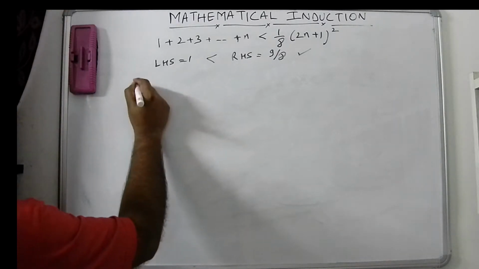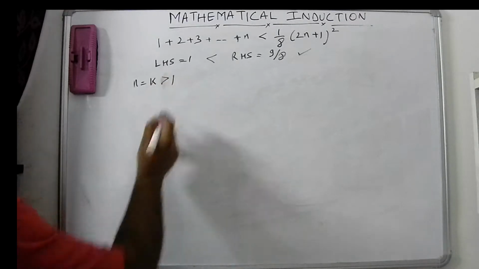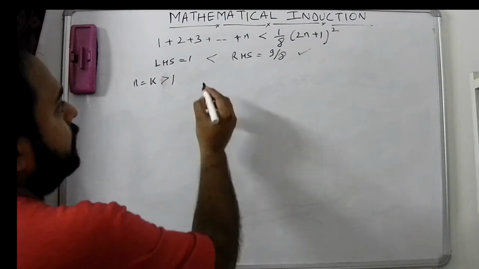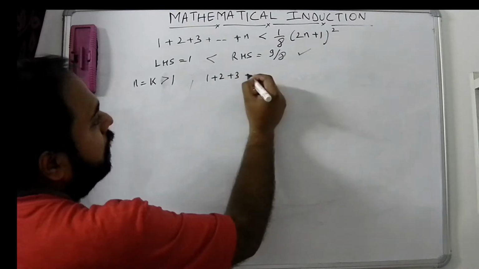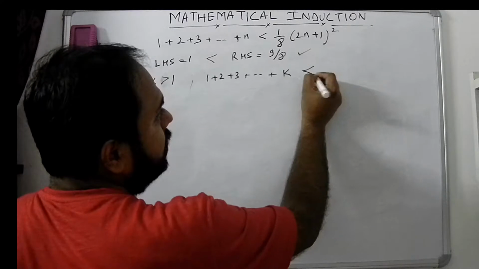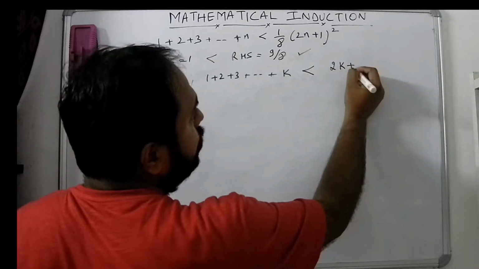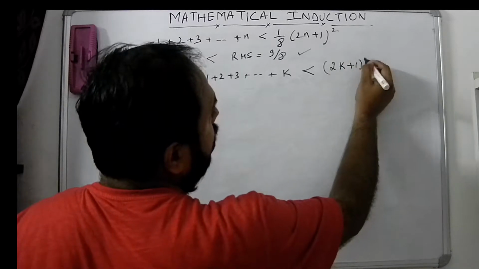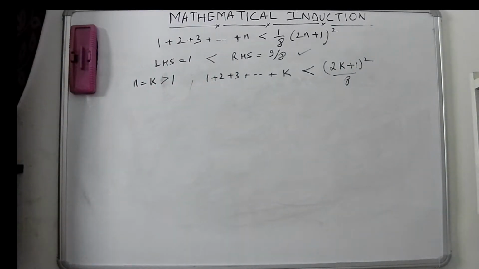Now let's assume for n equal to k, which is greater than 1, I am assuming it to be true. So what I am saying is 1 plus 2 plus 3 plus up to k, the sum till k, is less than (2k plus 1) whole square upon 8. This is something that I know.